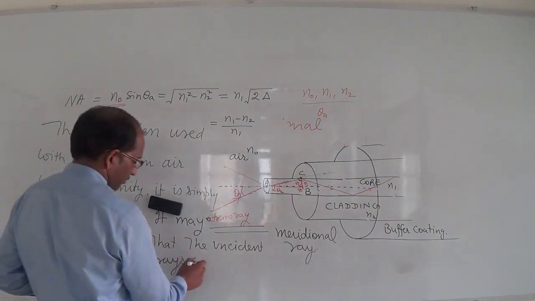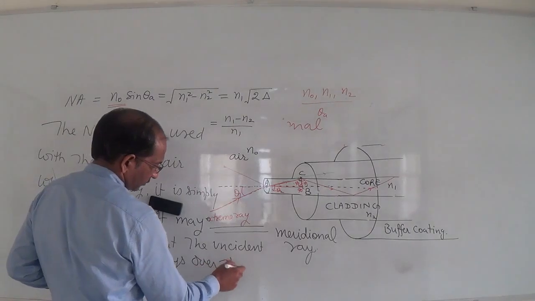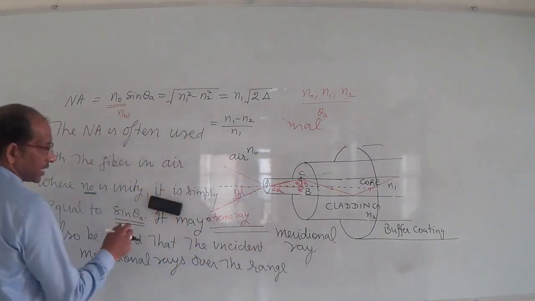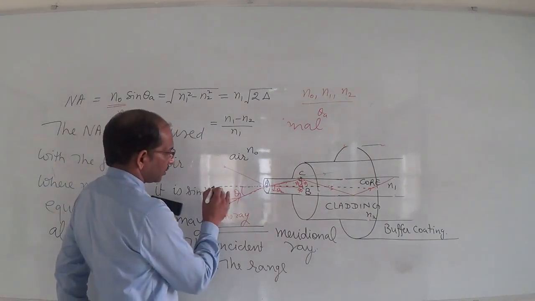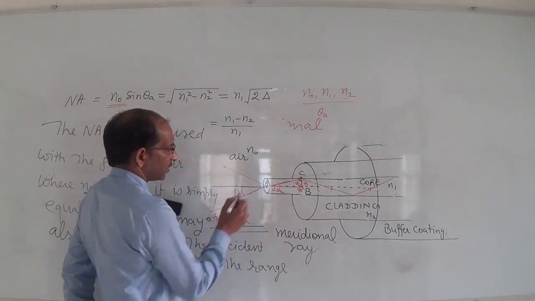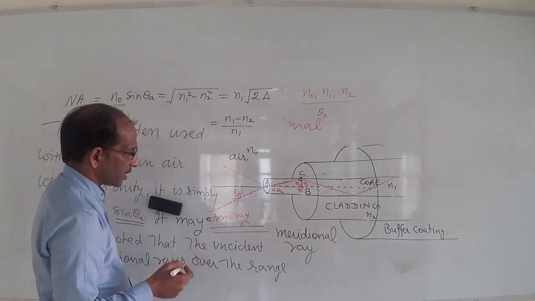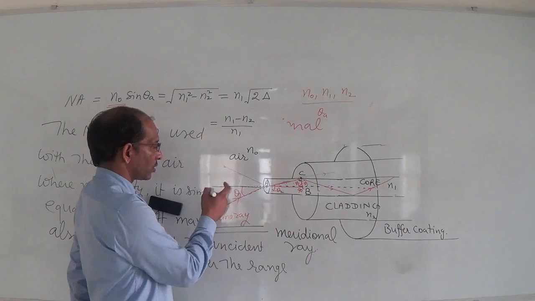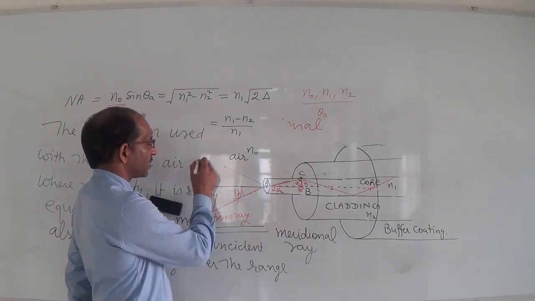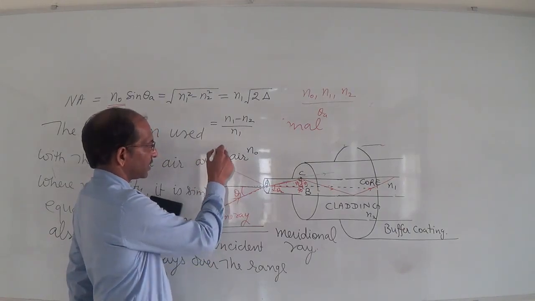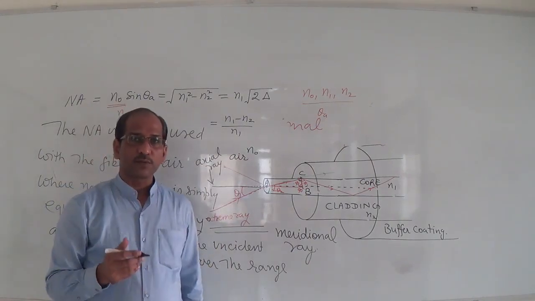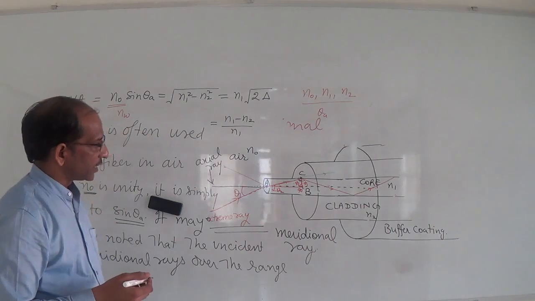over the range. The range is basically what? This is the axial ray. If a ray passes through the axis of the core, that is known as the axial ray. So there are two types of ray in this geometry.